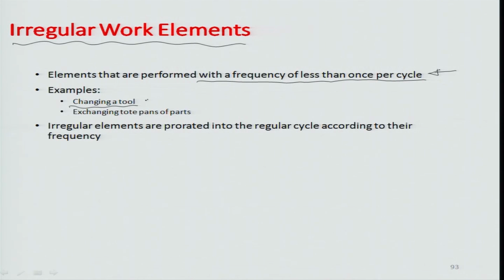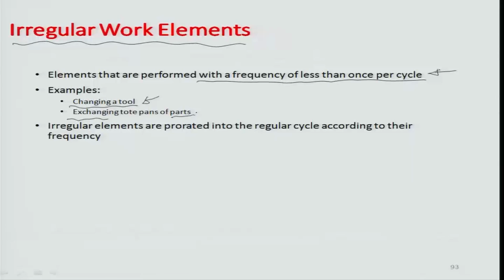Examples are changing of a tool, which can be a source of irregular work elements that come up. You do not plan to change the tool in between, and a tool breakage happens. Or there can be something related to exchanging of, let us say, bins of parts, when some part which has come is not appropriate, or maybe quality compromised.